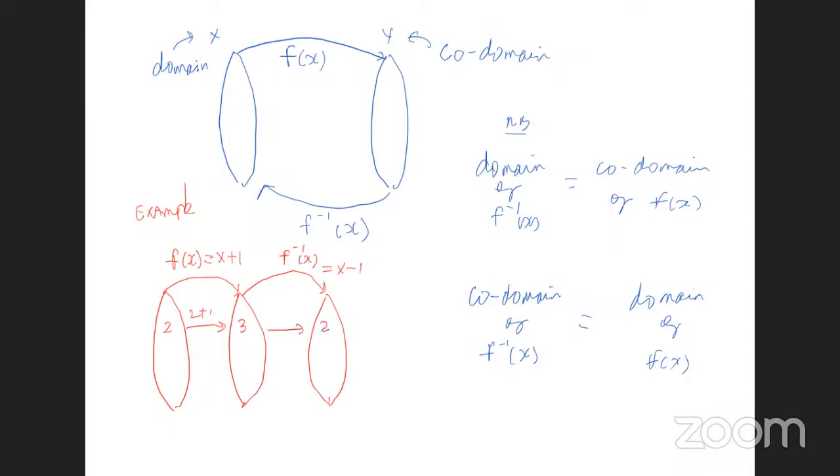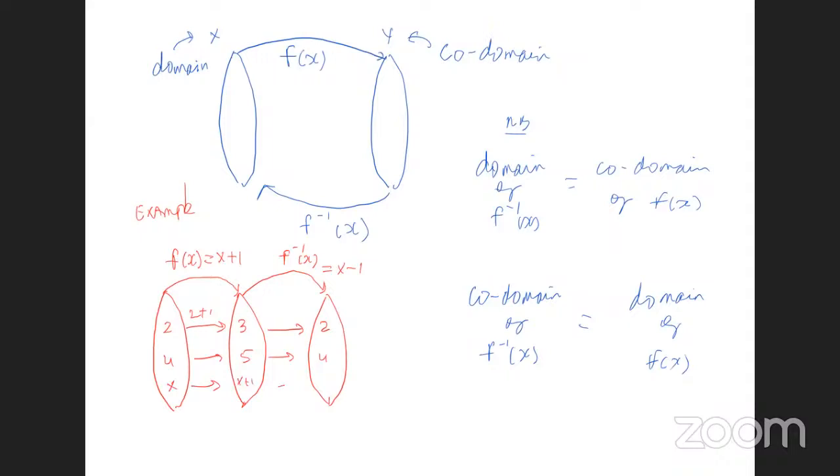Suppose I had 4. 4 will be mapped to what? 5 will be mapped to what? Yeah? So let's go generally. x is mapped to x plus 1.